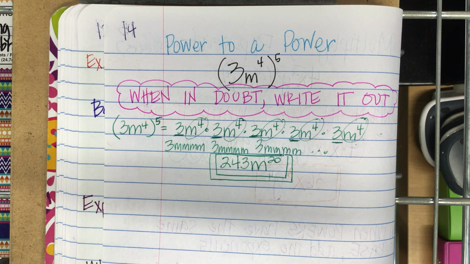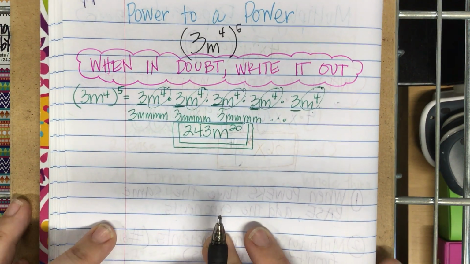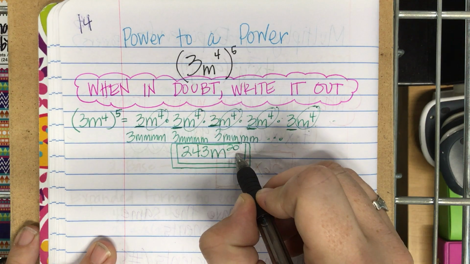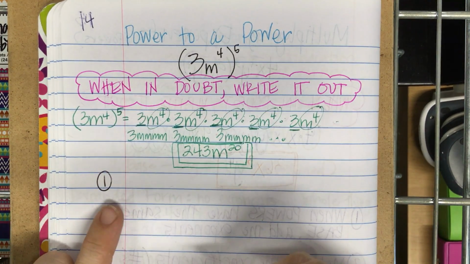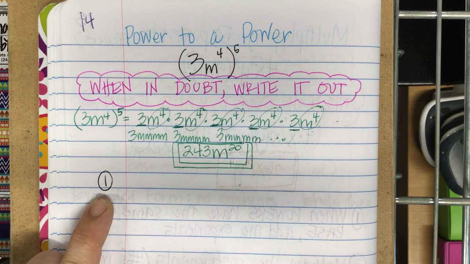Or there's more of a shortcut. Landon, did you notice a pattern? Yeah. Okay, what'd you notice? That you could do 4 times 5 to get 20 instead of writing it all out. So, a power to a power. This is only for a power to a power, right?